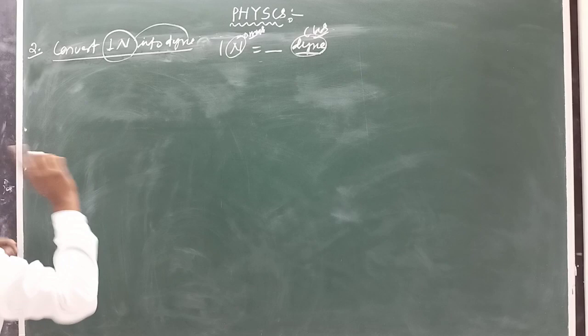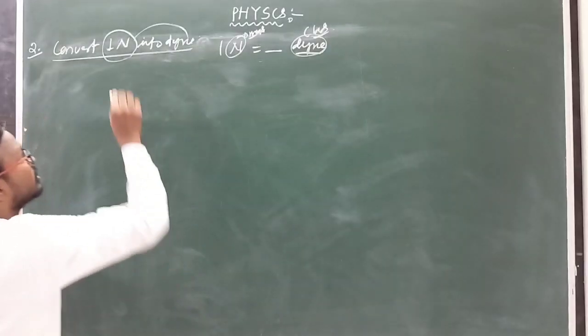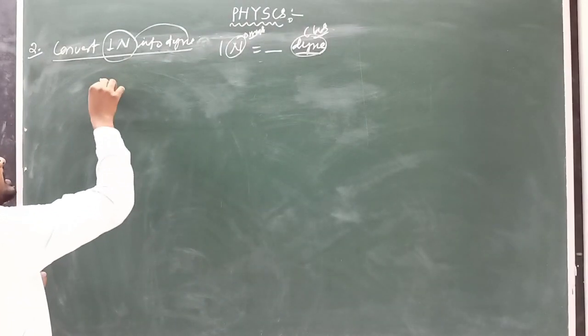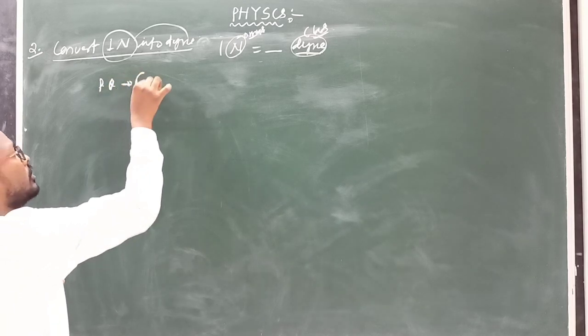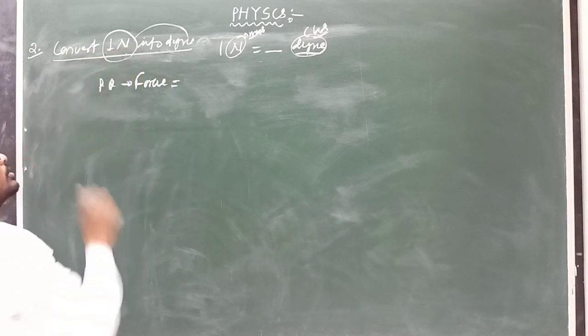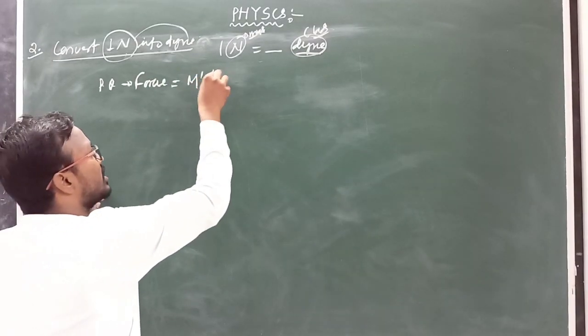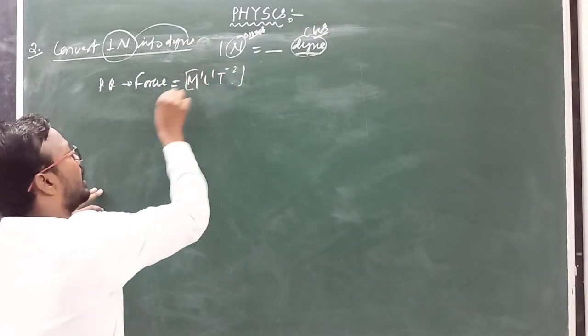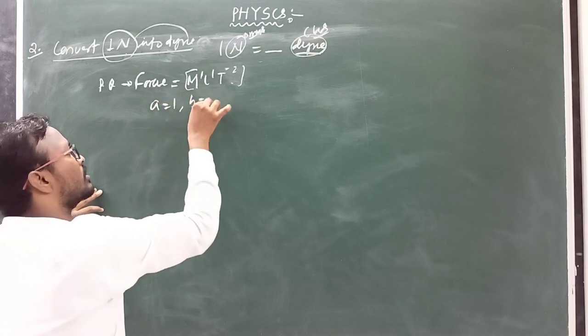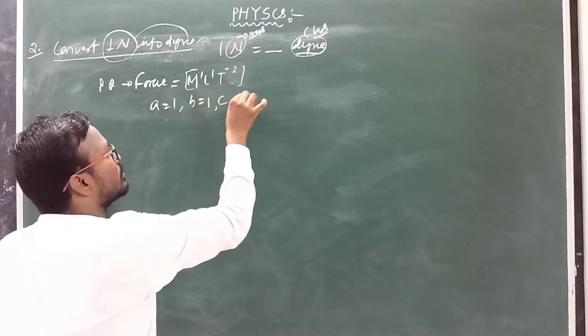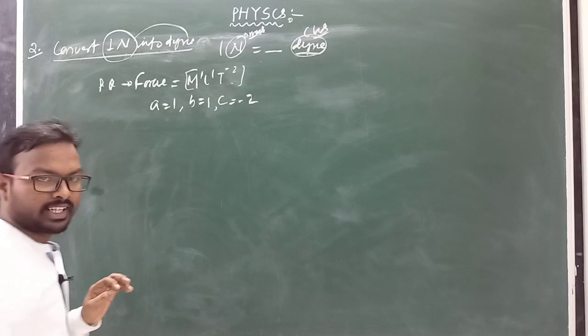So first we have to find what the physical quantity is. The physical quantity is force, because we already know the unit of force is Newton. Its dimension we first have to write as M1 L1 T minus 2, and here a equals 1, b equals 1, and c equals minus 2. Clear?